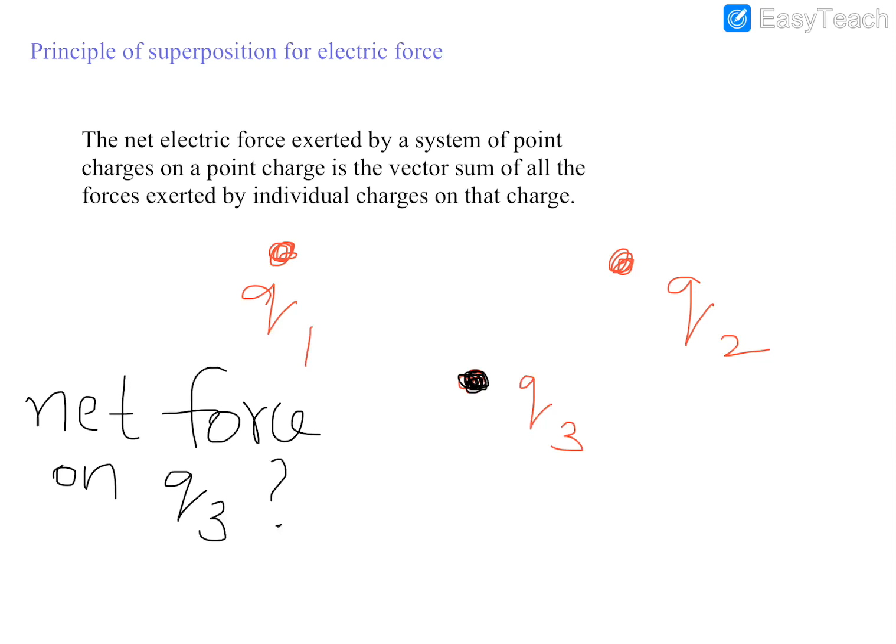Now the nature of electric force is that it will always act along the line joining the charges. So Q1 will exert a force on Q3, and that force will always be along this line joining. In a similar way, Q2 will exert a force on Q3, either attractive or repulsive, depending upon the charge. But the force will always be along this line joining.